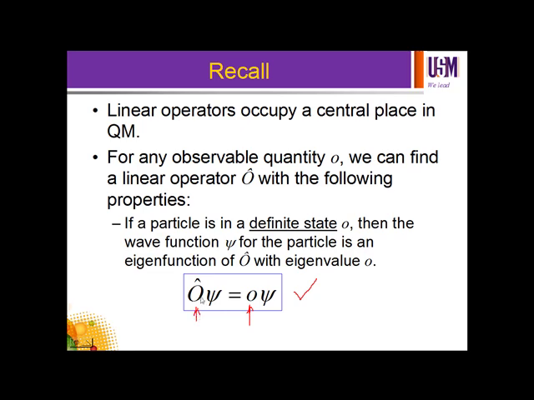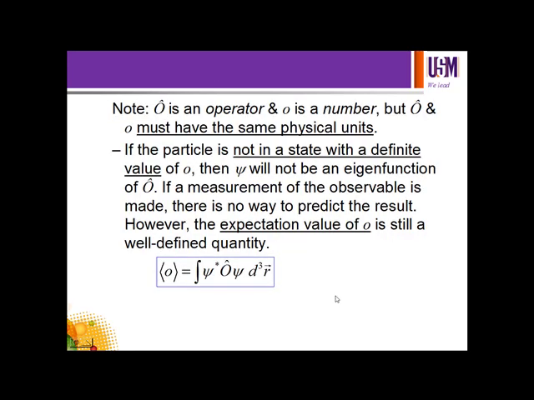So this is the operator, this is the wave function or eigenfunction, this is the eigenvalue, and this is the eigenfunction again. In the second case, where O is not in a state of definite value, what you expect is what we mean by the expectation value. The expectation value of O has this relationship.